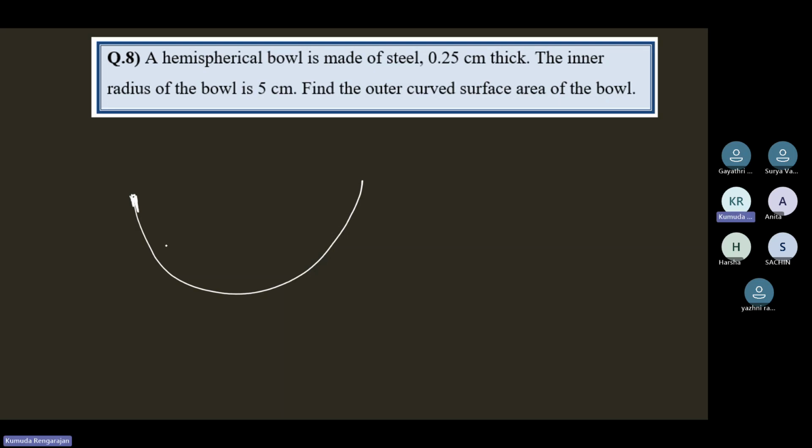1 centimeter is what? 10 millimeters. And 0.25 meaning 2.5 millimeters thick. So that's barely anything.